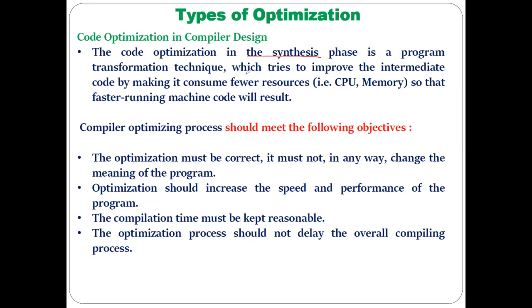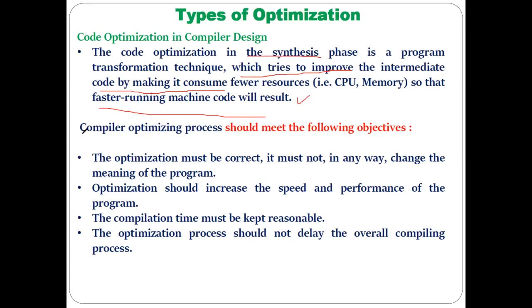Okay, so same thing I have mentioned here: through code optimization, we try to improve the intermediate code by making it consume fewer resources like CPU and memory, so that faster running machine code will be generated afterwards. That is the aim of performing code optimization.